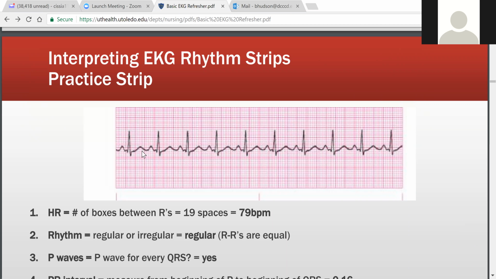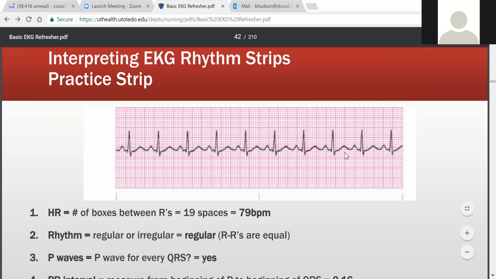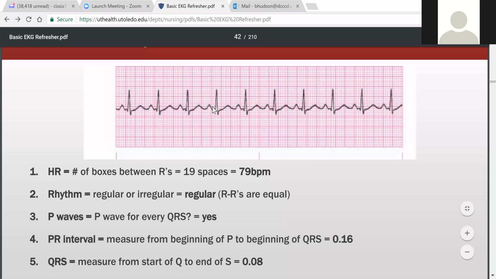Okay, is it regular? Well, from here to here looks regular, from here to here looks regular. From these R waves, it all looks regular. I don't see any extra beats in here, and I don't see any delays in the beats happening here. Okay, there is a P wave in front of every QRS.